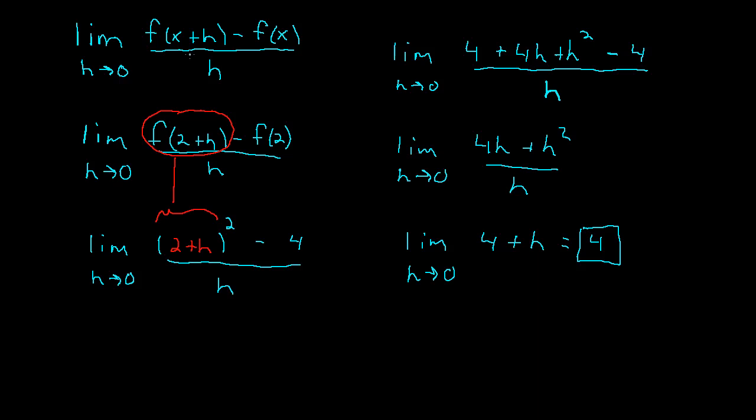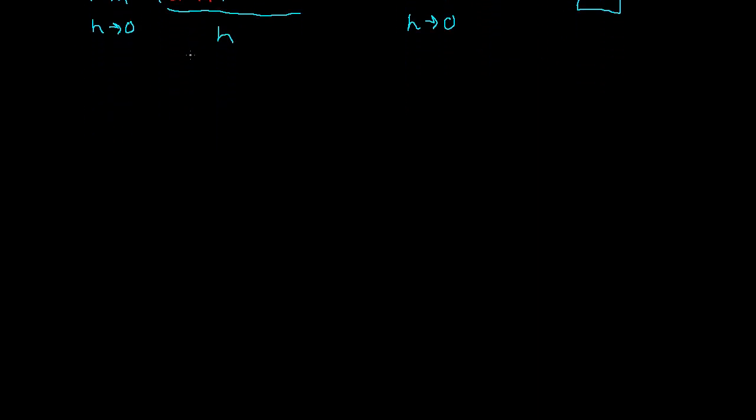Okay, so basically we're going to repeat the process. I'll do this hopefully fairly quickly. But again, instead of x equaling 2, we're just going to leave our x in there. So what is f of x plus h?